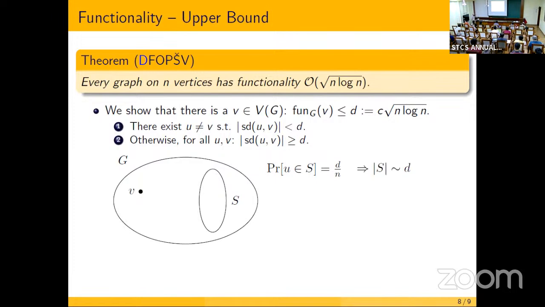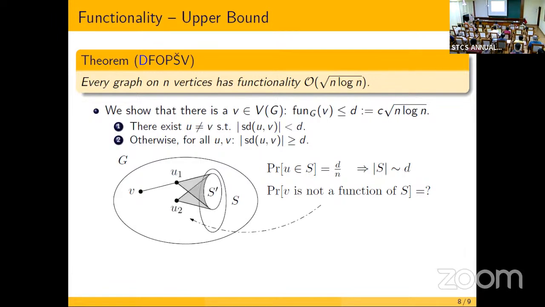It means that the size of S is basically d, which we want. The question is, is v a function of S? We show that v is not a function of S with probability smaller than 1. So there is a set S of the right size such that v is a function of that set.